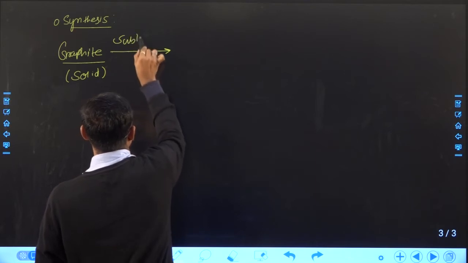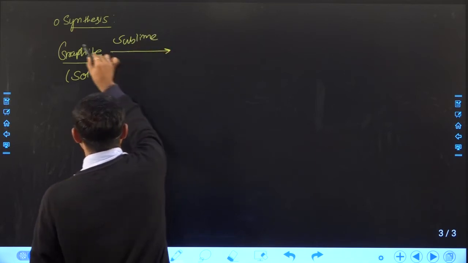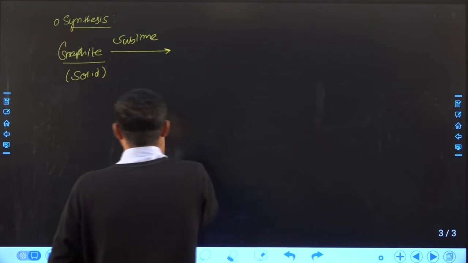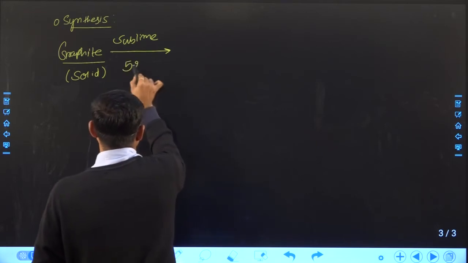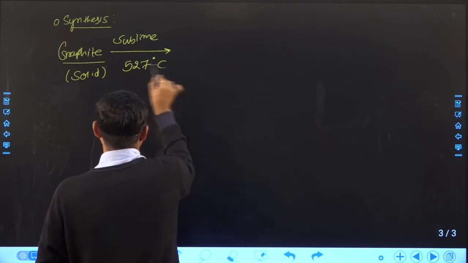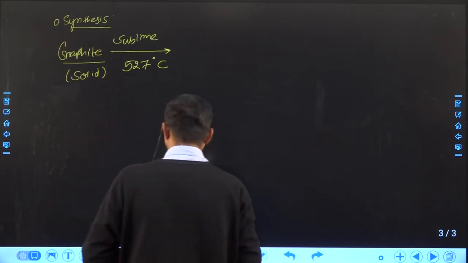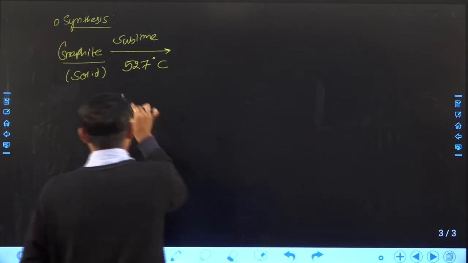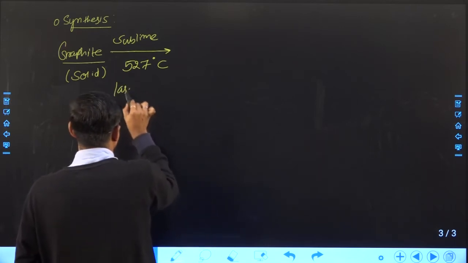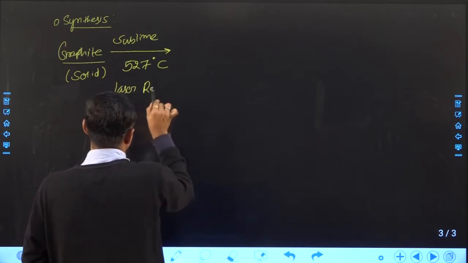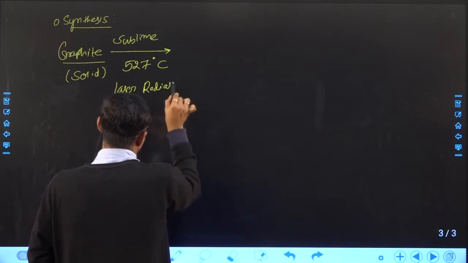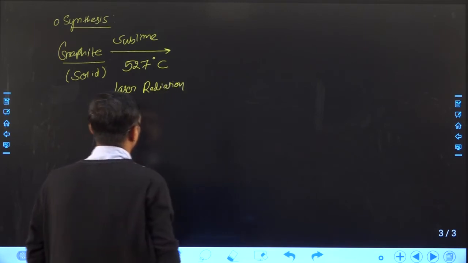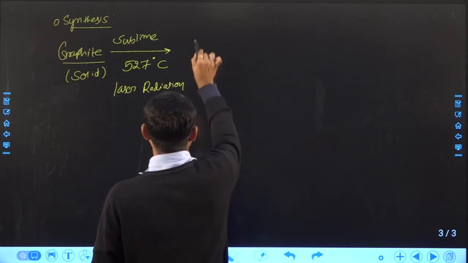If we sublime graphite at a high temperature in the presence of laser radiation, which is a type of light source, it will convert into fullerene.